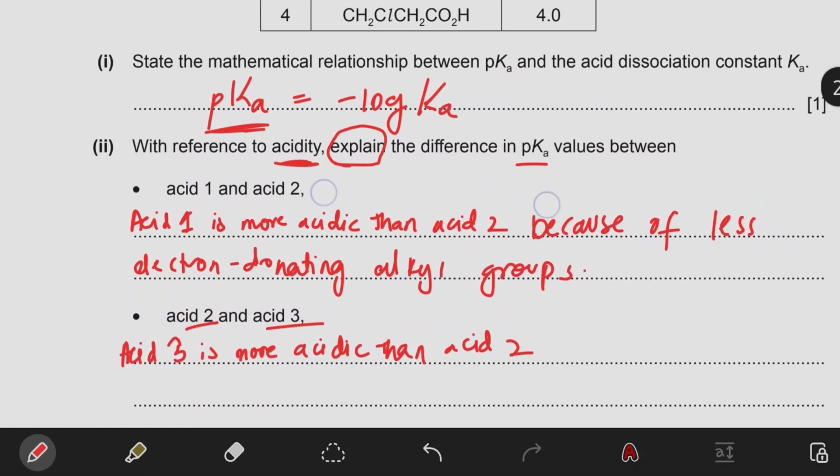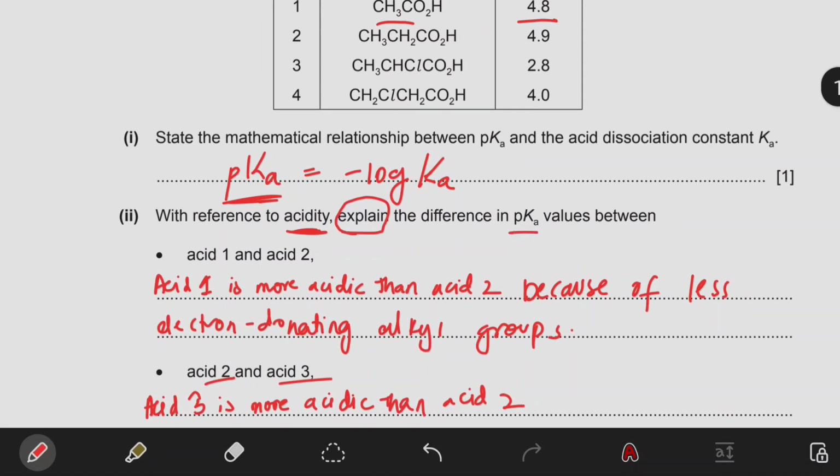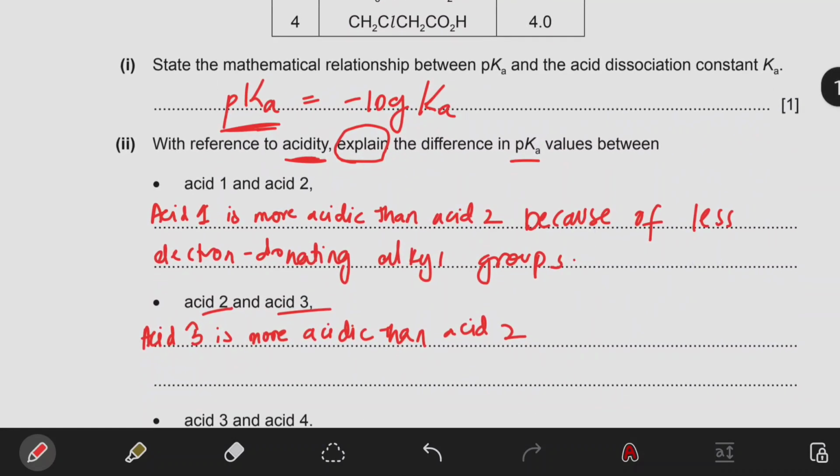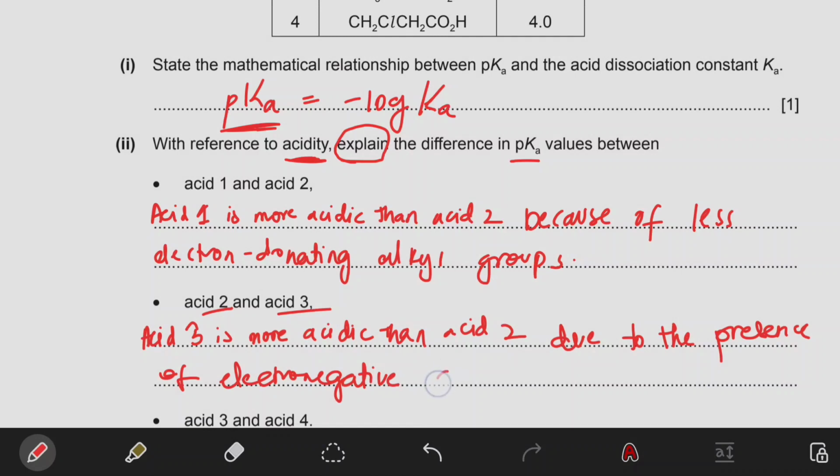If you notice that there is chlorine in 3, and chlorine is an electronegative atom, due to which the OH bond is weakened, and there is a more presence of H plus ions, and that increases the acidity. So you can write the reason as due to the presence of electronegative chlorine atom.